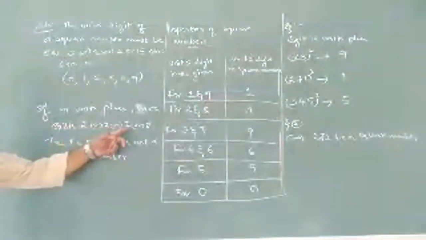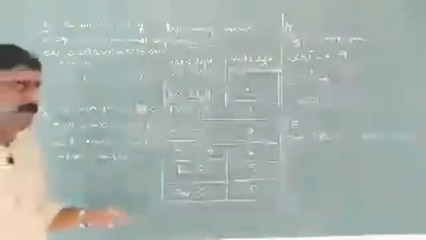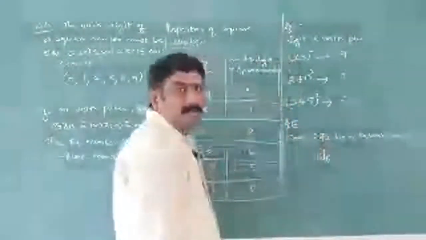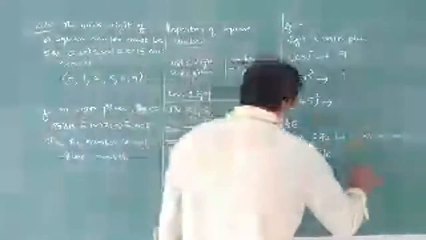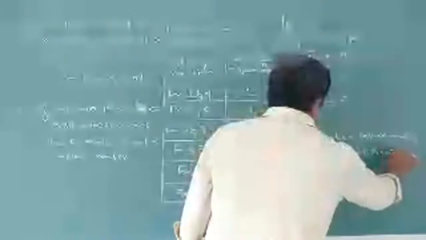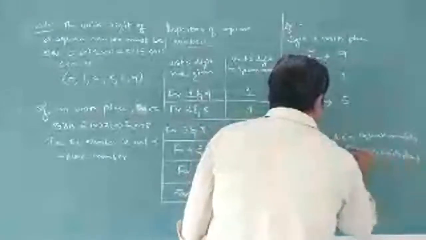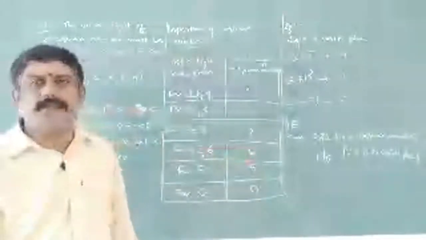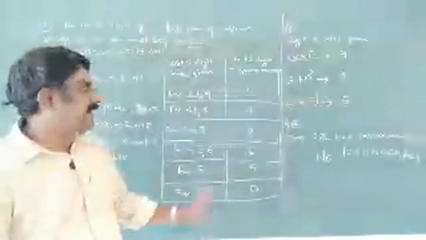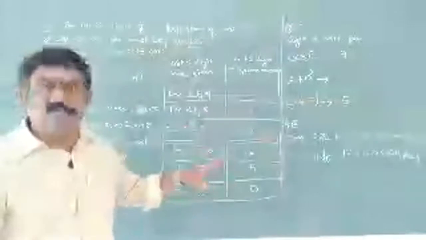No. Already we wrote a note. If 2, 3, 7, 8, then it cannot be a perfect square. So simply we can say here, no. If you want to write the reason, you can write, no problem. Since 2 is in units place, that is for our understanding purpose. If 2 is in units place, it can't be a square number.